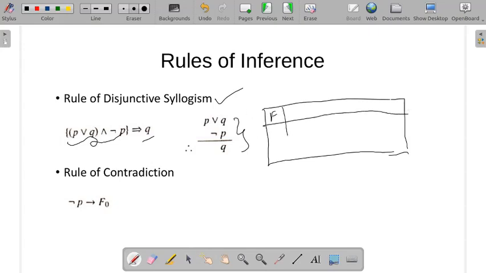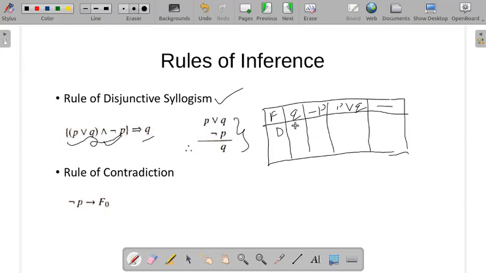P, Q, we have negation P, and then P or Q. And finally this compound proposition. As there is no place here, we will be writing a dash.